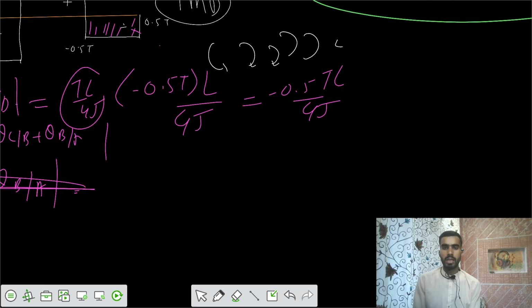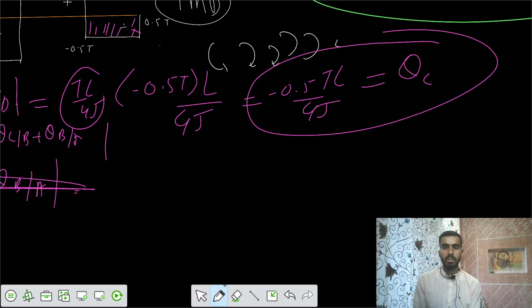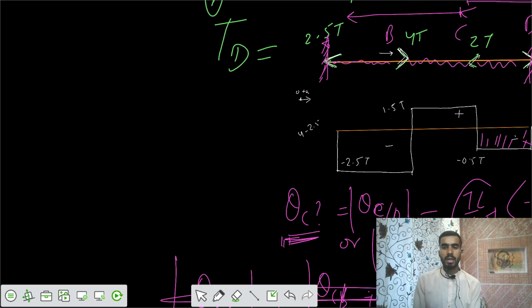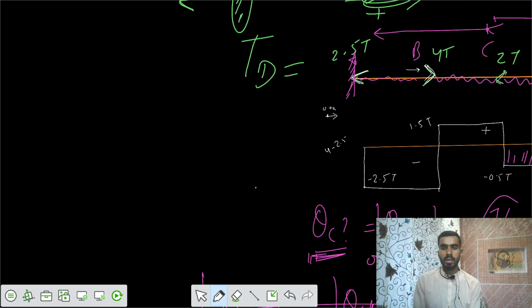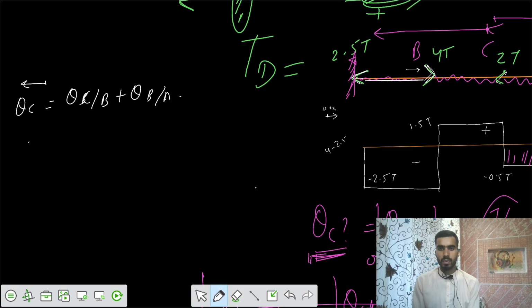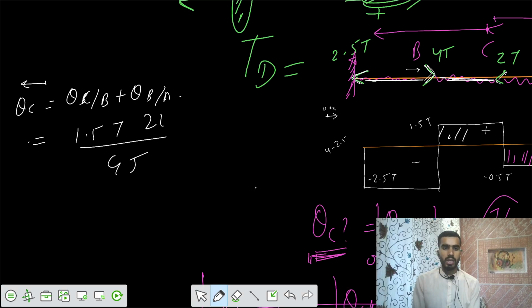So you got this value of theta equal to minus 0.5 TL by GJ. And if you want to calculate theta C from the other side, I would write theta C with respect to B plus theta B with respect to A. This part and this part contribute to the theta at C. So for theta C with respect to B, you have torque of 1.5 T, length of 2L by GJ, that's positive torque.